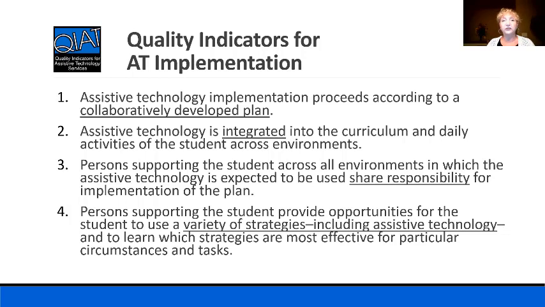So looking to the guidance of the people that worked on these over the years, we look at assistive technology implementation as proceeding along a collaboratively developed plan. So it's not just one person that's putting this plan together. It's all the people, the student themselves, family members, all the people that have something to do with it. And we'll touch on that and some of the things that help you put those plans together.